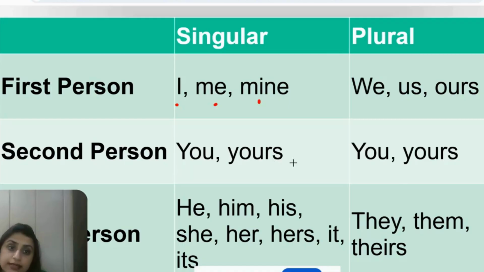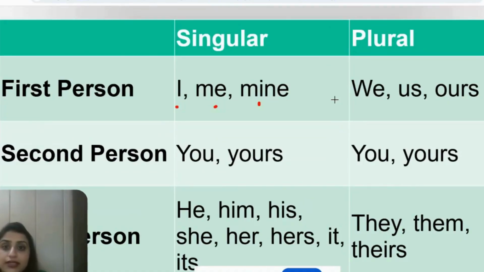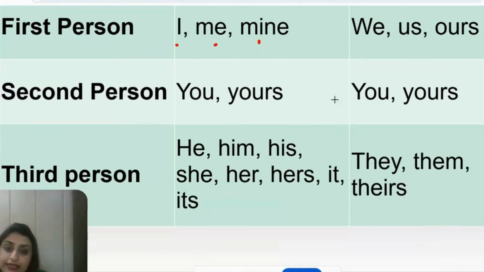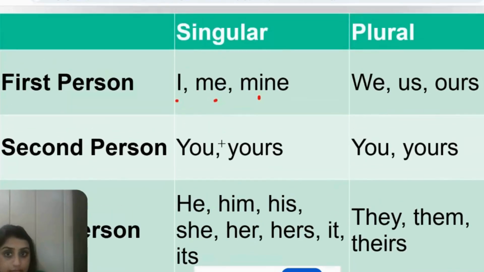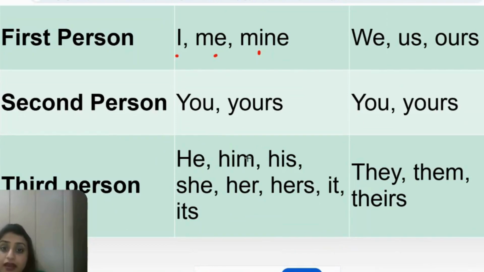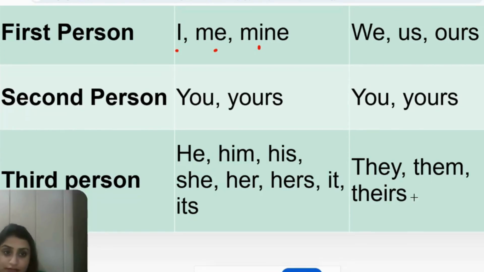You, yours. This is what we are going to use in singular and plural for the second person. Let's see what we are going to use for third person. If it's singular, we are going to use he, him, his, she, her, hers, it, its. And if it's plural, we are going to use they, them, theirs.